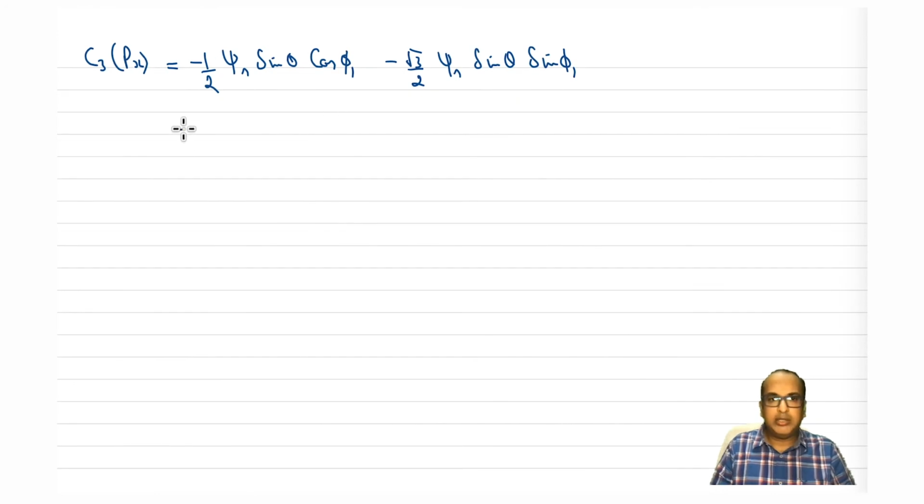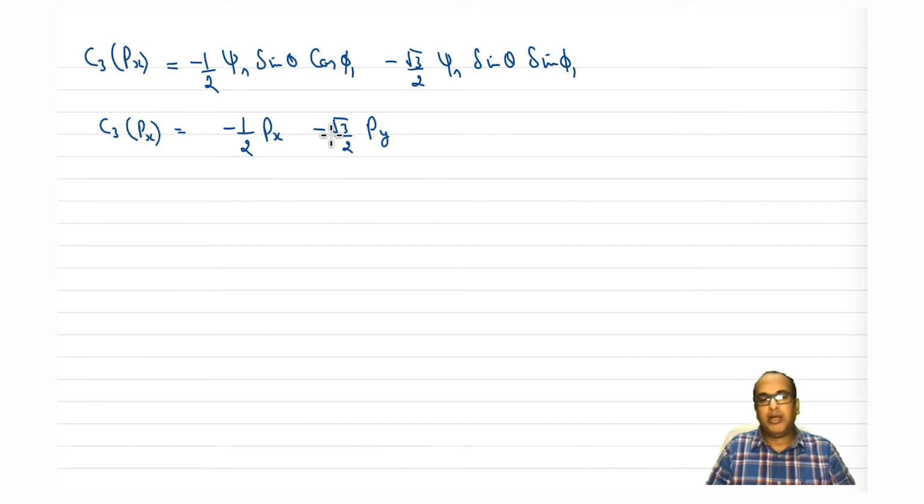And now what is this? This is minus half of Px minus root 3 by 2 of Py. So basically upon doing C3 operation onto Px orbital, it gets mixed between Px and Py orbital, right?